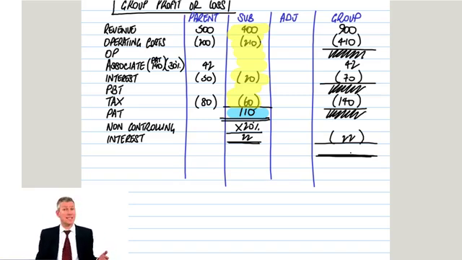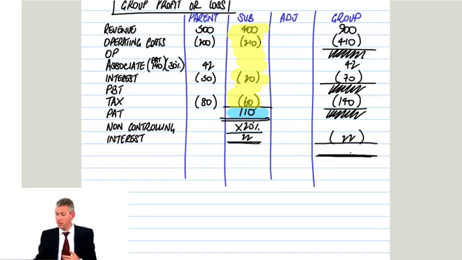But that shortcut is unlikely to work because there'll usually be something going on in the sub. There might be a half-year acquisition, so time apportionment. There might be a provision for unrealised profit. There might be both. There is no mark for actually getting the 22. The mark is just for the process, which is adding down and multiplying by the appropriate percentage. And you get it twice.